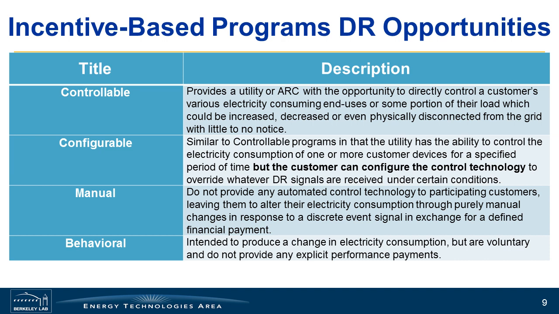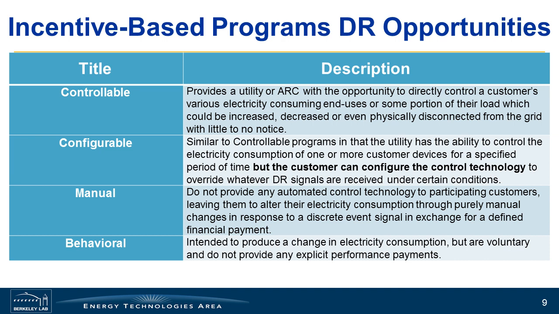In the case of a manual type DR program, this is really common in the industrial sector where there's process loads and pumping loads that can be modified, turned down, ramped up, and this is done typically through a phone call. Hi, we need you to change your load profile at this point. Do you have any discretionary load that you can shed?